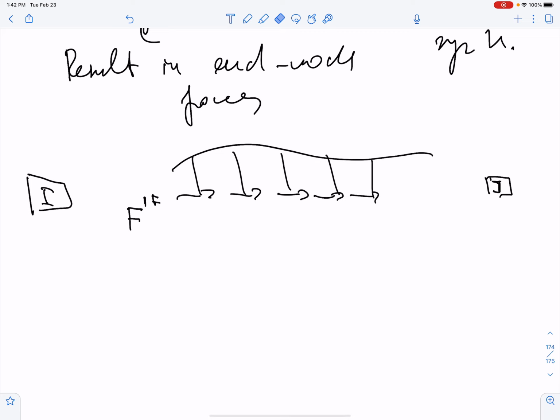And those you'll have acting in all directions, right? So at this node, you're going to have f prime f1 going this way, right? f prime f2, okay, going this way, right? Because there's no vertical load, this is 0 a priori, right?